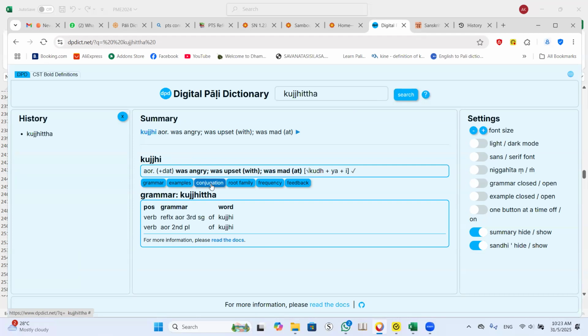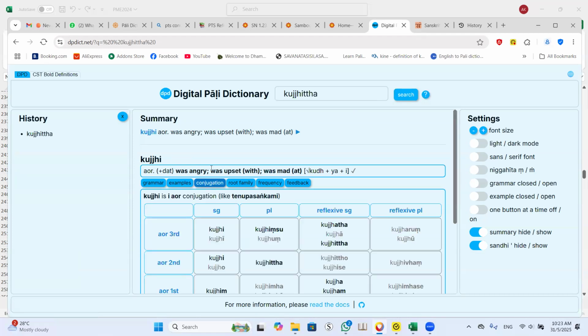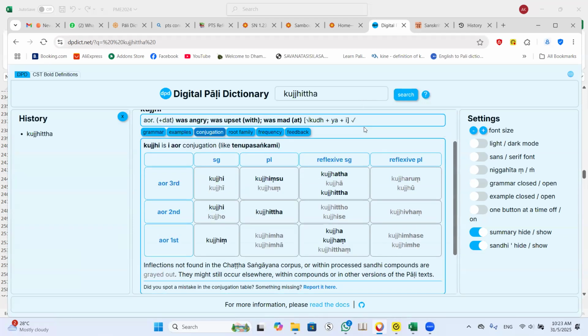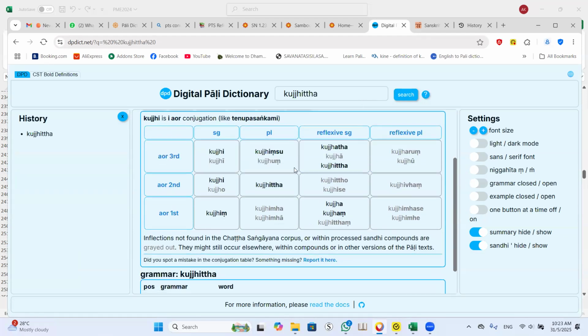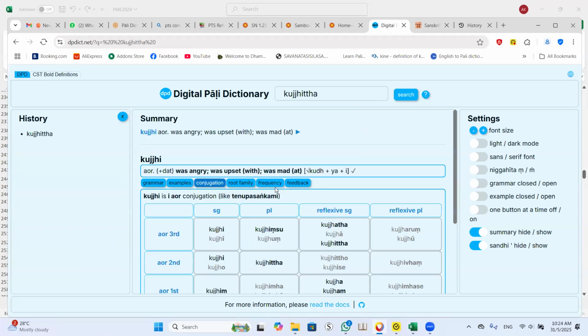What you do here is you just take the conjugation. So in this case, this is confirmed aorist past tense. That means was angry. Was angry, past tense. So in this case, this is a past tense.